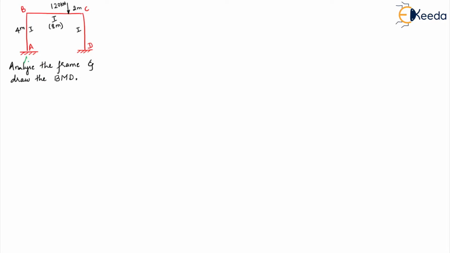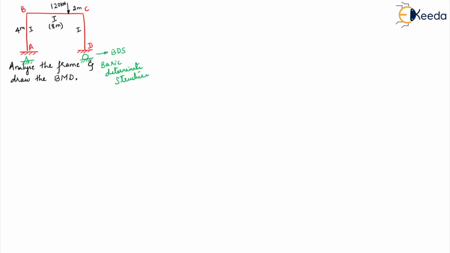So let us consider this as hinge and let us consider this as roller to get our BDS, that's your basic determinate structure. Okay, so A point we have considered as a hinge and B point we have considered as a roller to get the basic determinate structure.